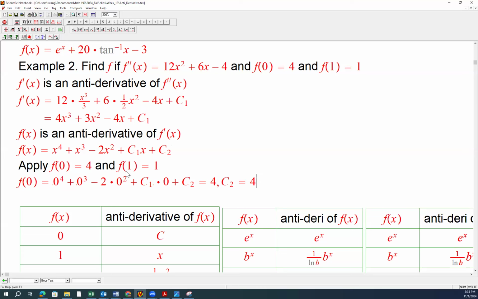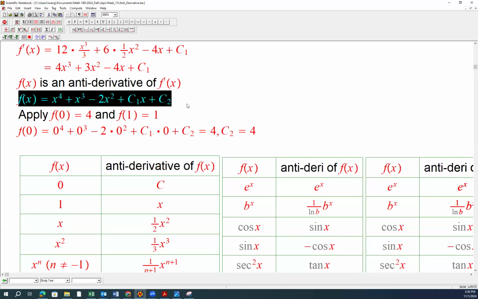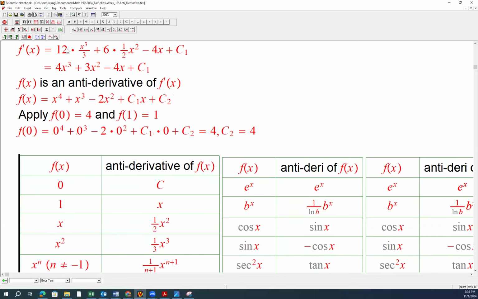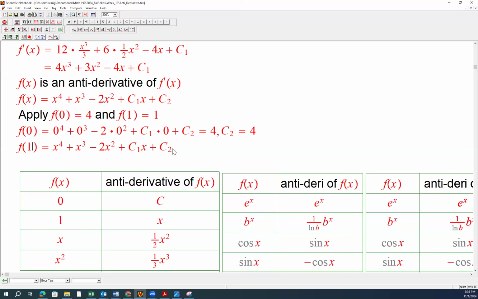Okay. Now we're going to apply the second condition, f of 1. But by this time, C2 is already known, which is 4. Right? So we're going to substitute x by 1 everywhere.